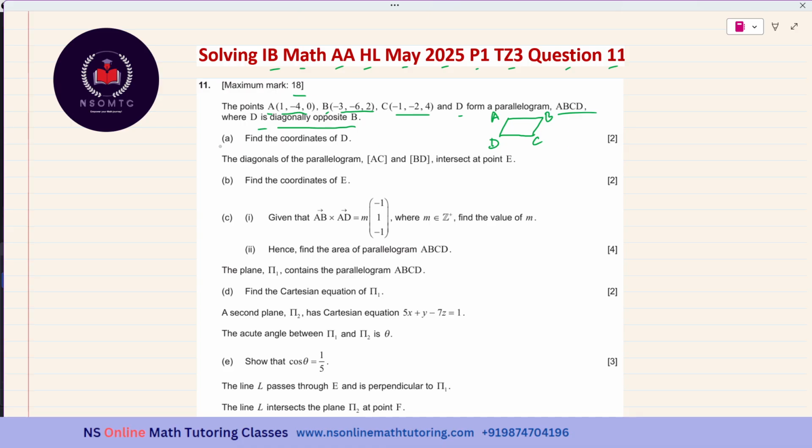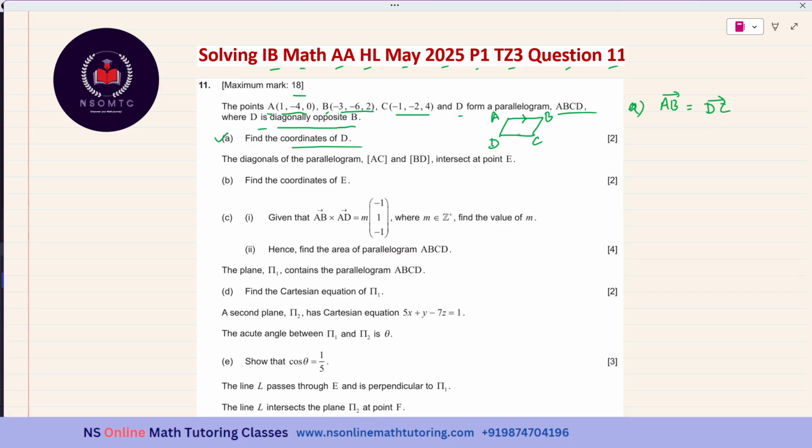Okay. Part a's question is find the coordinates of the point D. Because ABCD is a parallelogram, the opposite sides of a parallelogram are parallel and equal in magnitude. So the vector AB should be equal to the vector DC.